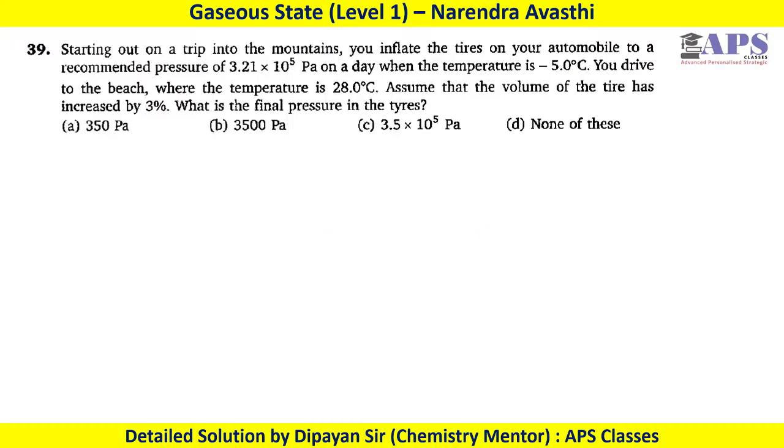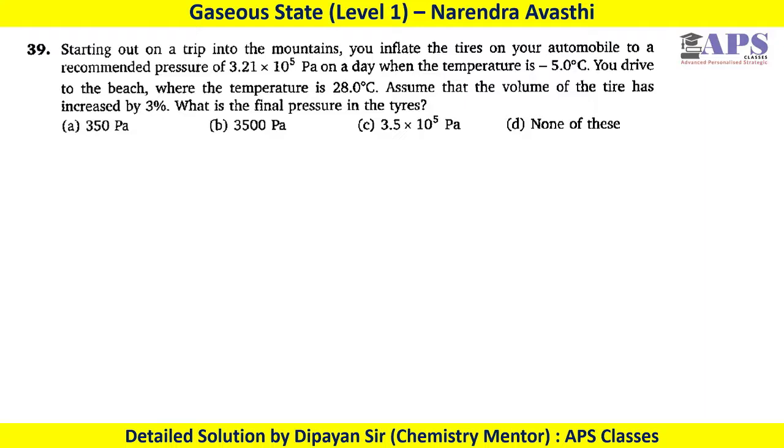In question number 39, starting out on a trip into the mountains, you inflate the tires of your automobile to recommended pressure of 3.21 into 10 to the power 5 Pascal on the day when you have started the journey at minus 5 degrees centigrade. Okay, but finally you have ended up at 28 degrees centigrade.